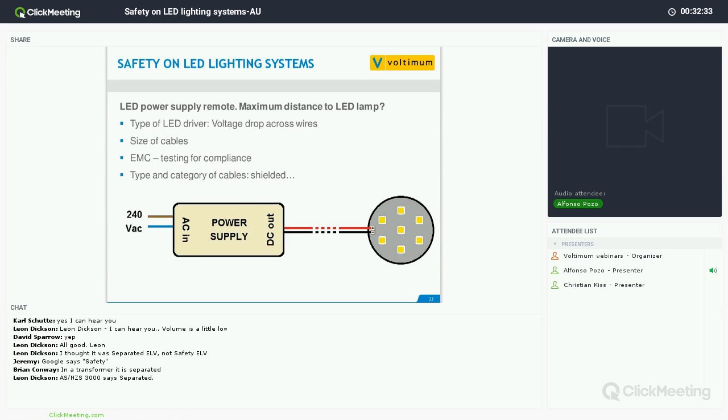As just explained before, is it a constant current or a constant voltage? Constant voltage drivers have a limitation in the maximum distance because there's always a voltage drop across the wires, the positive and the negative output of the driver. And the DC voltage at the module, which is at the other end of the cable, can be lower than the voltage at the output of the driver. Operating those LED chips at lower voltage has adverse consequences and can lead to a lower light output and a premature failure of the LEDs.